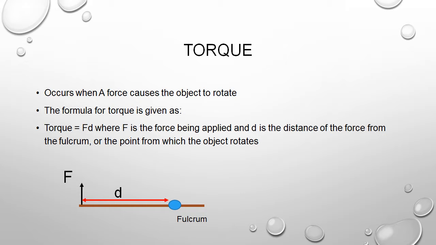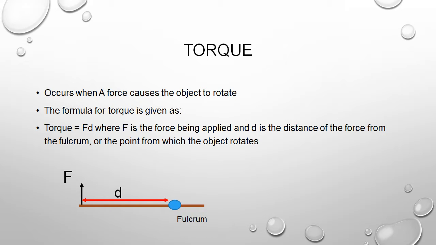The formula for torque is torque equals force times distance, where force is the force being applied on the object to cause it to rotate, and the distance is the distance of the force from the fulcrum, and the fulcrum is the point from which the object rotates.